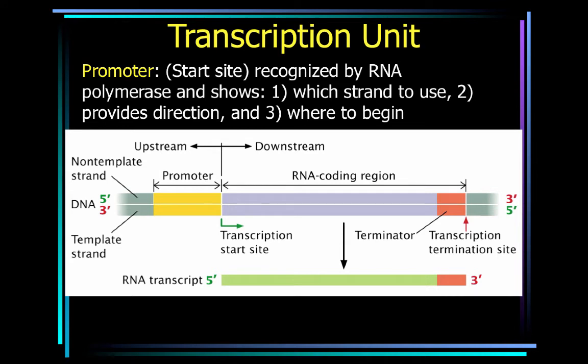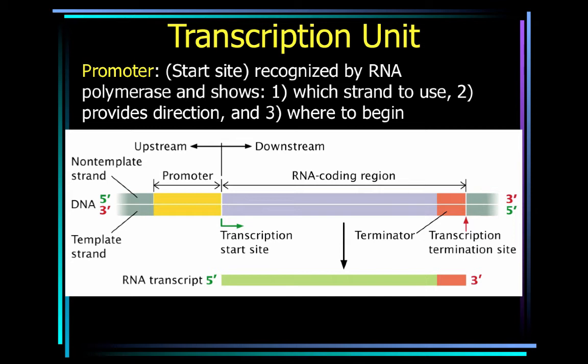All right, so the transcription unit is, again, separated into those three major areas. Let's first talk about the promoter region. That promoter is going to be oriented upstream from the start site, and this is the area that is recognized by RNA polymerase.